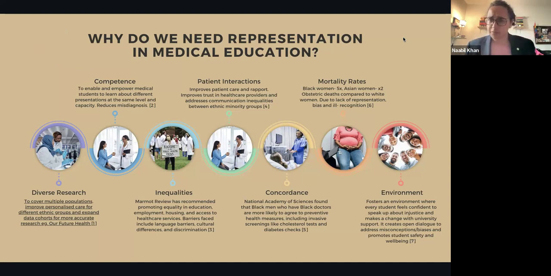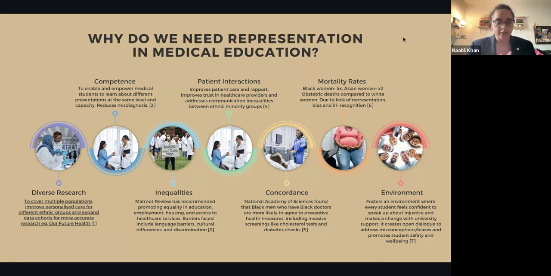And I think that's so important because we have an increasingly global and diverse population, especially within the UK, but it can very much be said for a lot of populations. So making sure that our diverse research is actually diverse means that students have that structure in place to be able to involve themselves in that research. And again, it impacts what future research is done and what kind of personalized care we can provide.